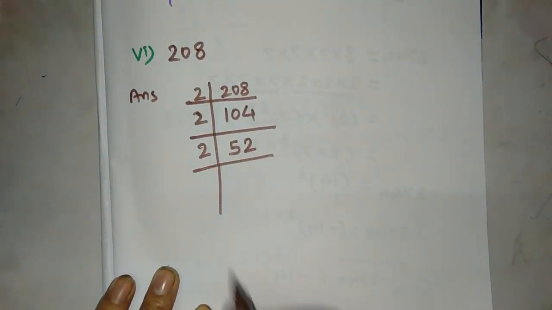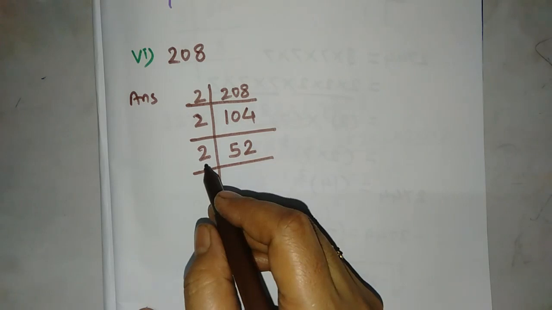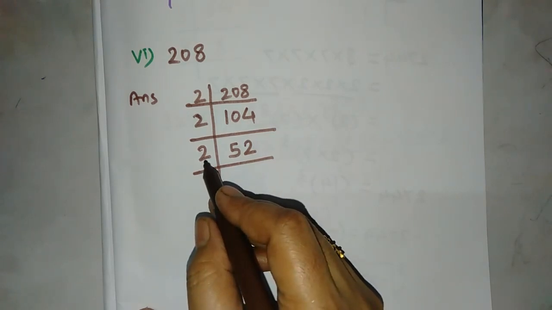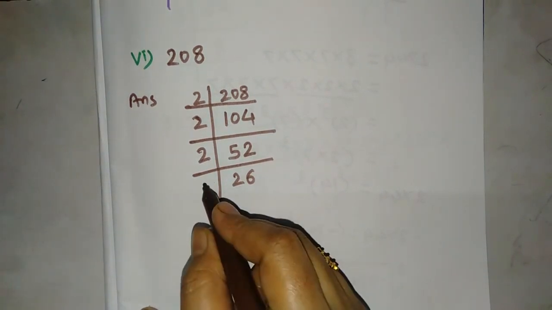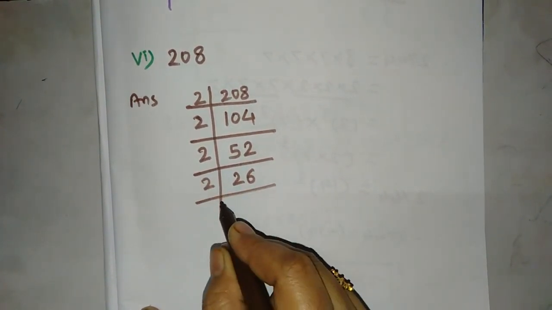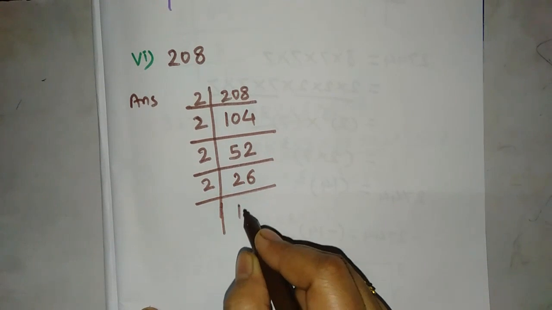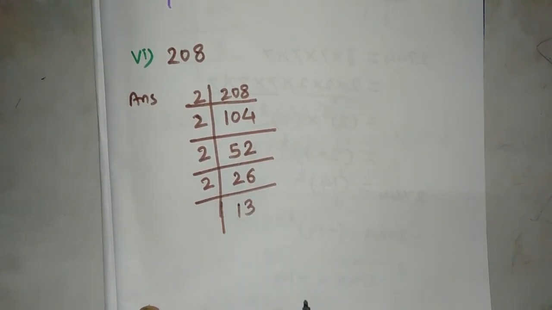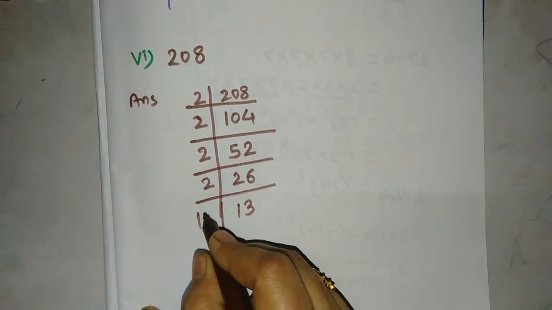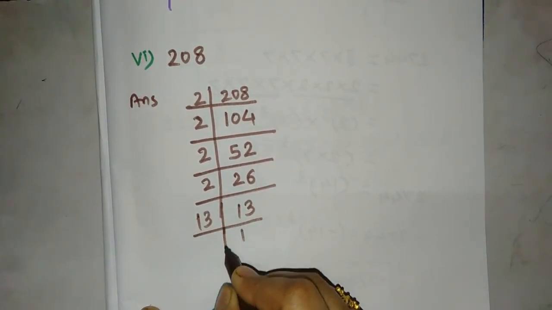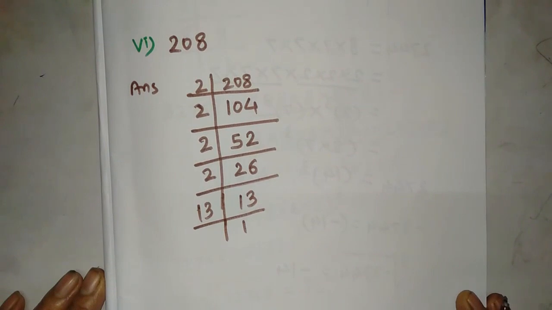Again divisible by 2. 26 2s are 52. Now divisible by 2. 13 2s are 26. Correct? And 13 is a prime number. So 13 1s are 13. So write down the multiplication form.